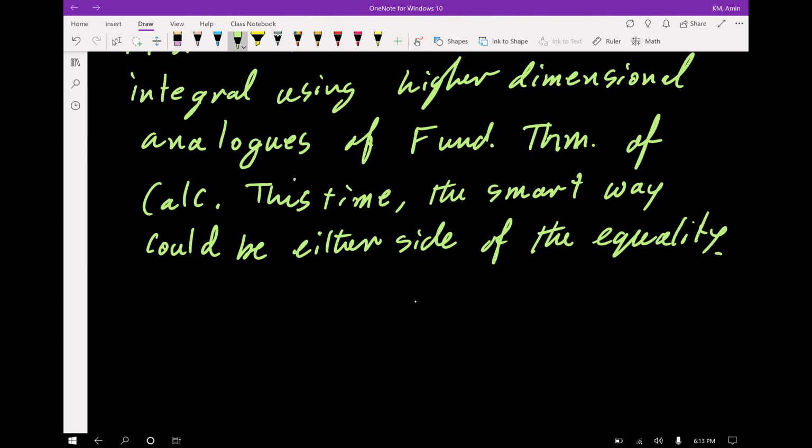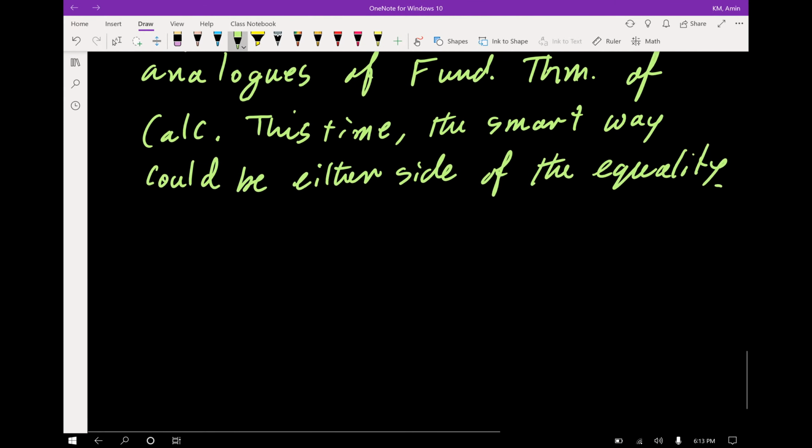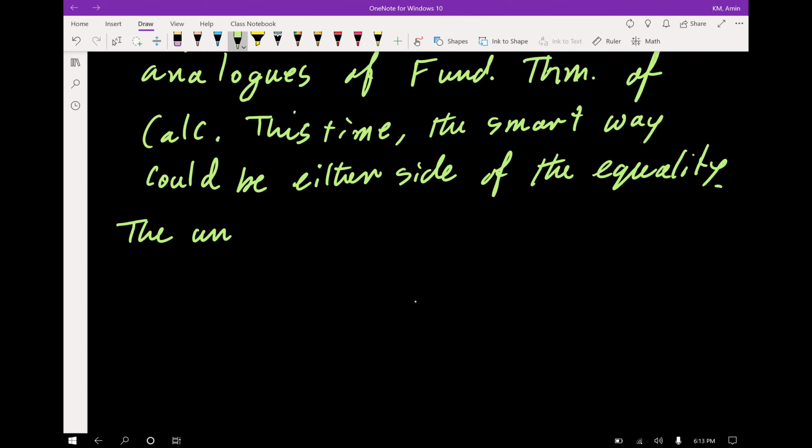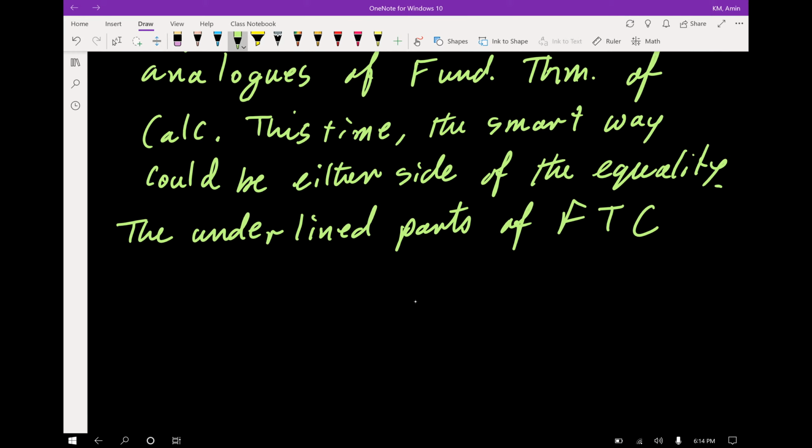Remember in Calculus 2, the smart side was the easier side? The underlined parts of the fundamental theorem of calculus will still hold.